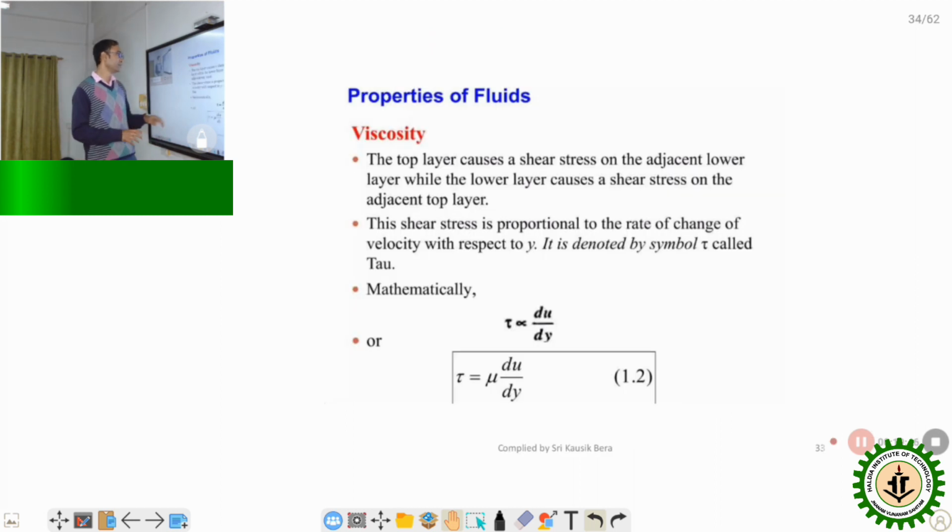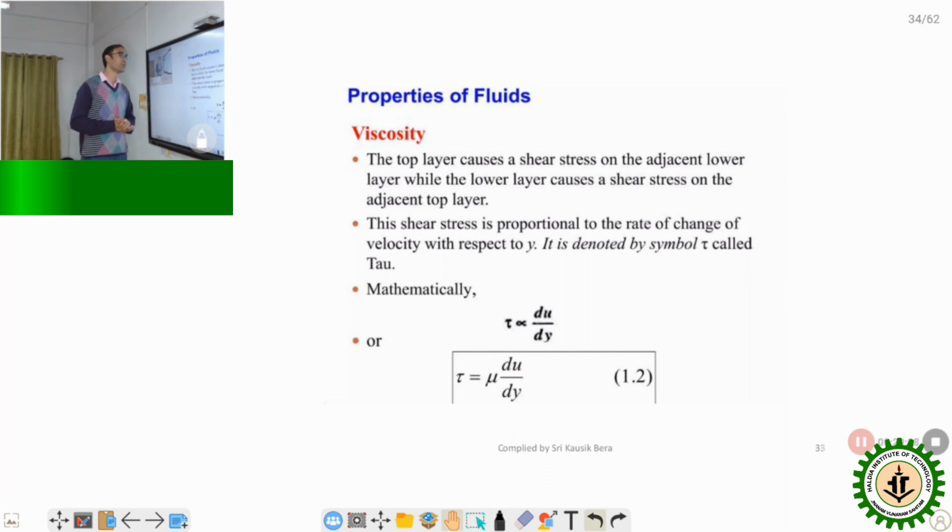And this viscosity we can write mathematically with respect to the shear stress: tau is proportional to du by dy. With a constant, tau equals mu into du by dy.